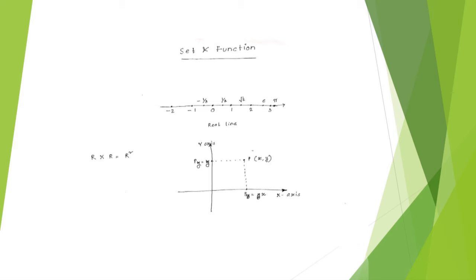So we have a point P, we project it on the x-axis. That projection we rename Px, and another projection on the y-axis is Py, which equals small y, and we associate that pair x and y with the point P on the plane. So we have assigned two ordered real numbers to the point P, and conversely, if we have ordered real numbers, we can uniquely determine a point P on the plane.